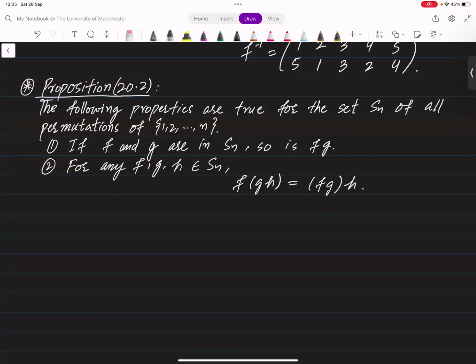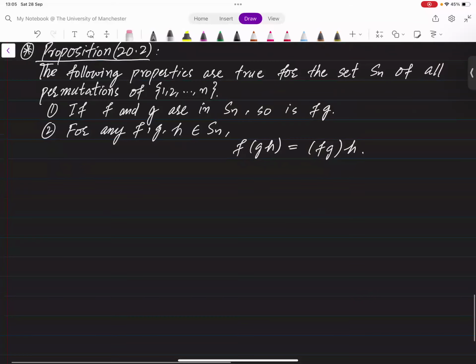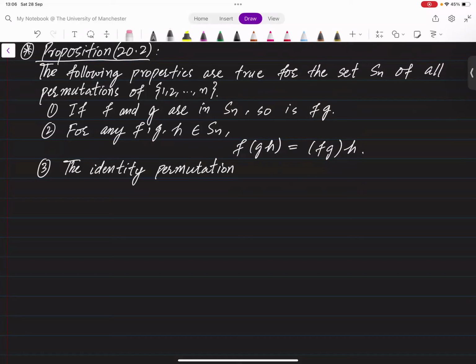The composition of permutations is associative. 3. The identity permutation I in Sn satisfies that f compose I is I compose f is again f for any f inside Sn.